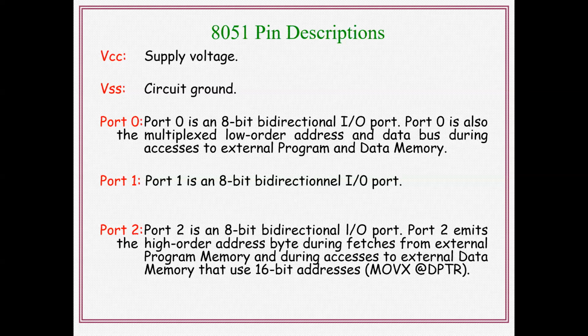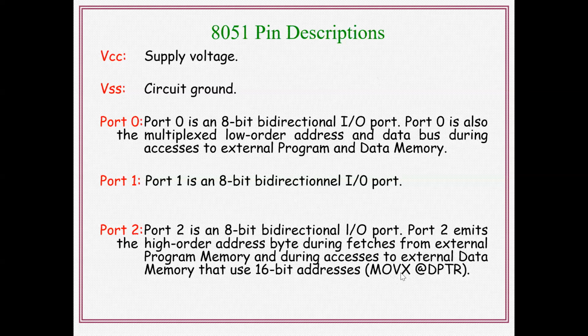Port 1 is an 8-bit bidirectional IO port, and port 2 is an 8-bit bidirectional IO port. Port 2 emits the higher order address byte during fetches from external program memory and during access to external data memory that uses a 16-bit address with the help of MOVX @DPTR.